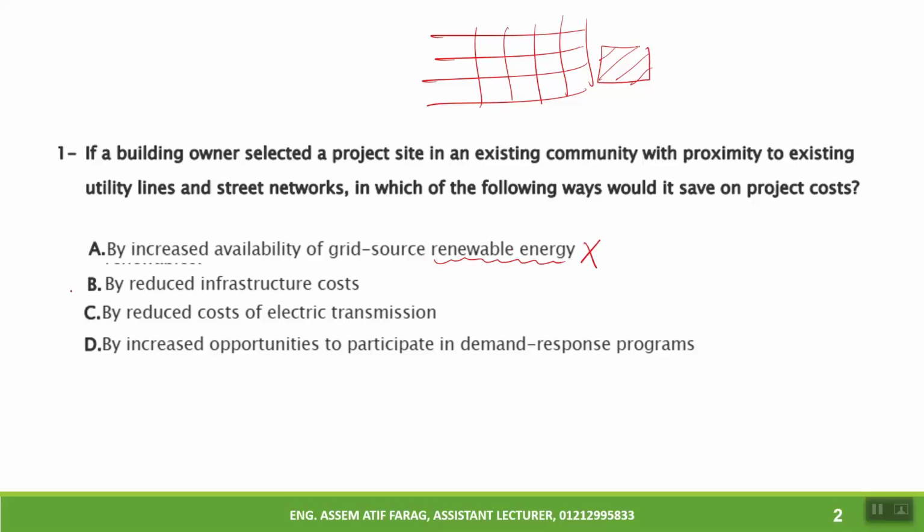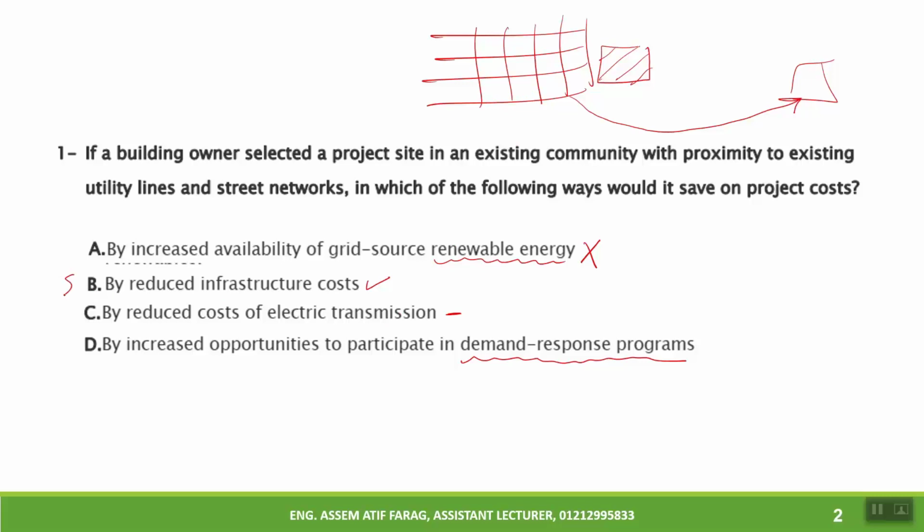No. By reduced infrastructure cost, that may be a right choice, as if the building is located near the grid line, it will cost less than if it was away from the grid line, and more materials will be required to make the utility lines reach this new structure. By reduced cost of electric transmission, we will see this. By increased opportunities to participate in demand response program, no. The demand response program does not have any relation with the existence of utility grid lines.